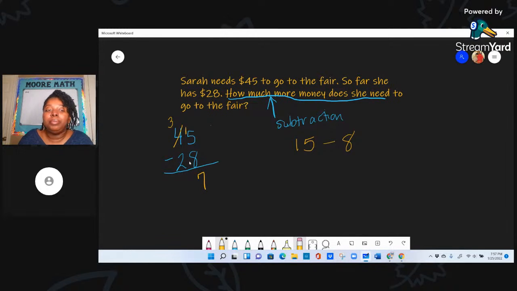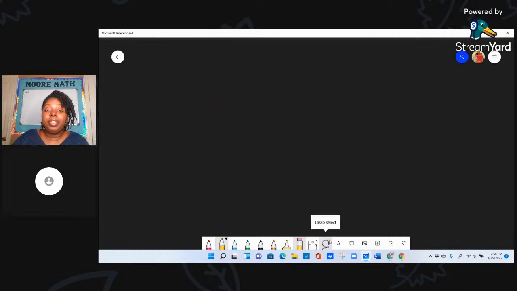And 3 minus 2? 1. Good. So she's going to need $17 more in order to get to the fair. But you're doing great knowing exactly what operation you're going to need to do.